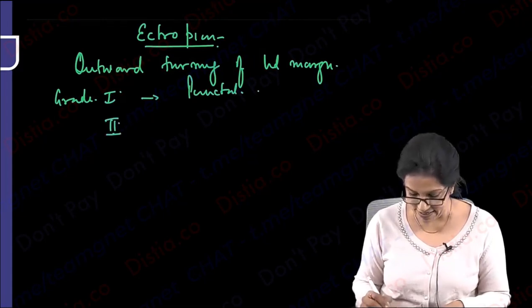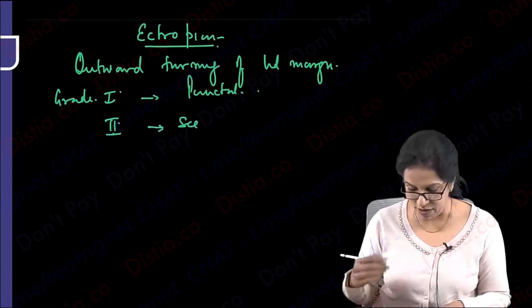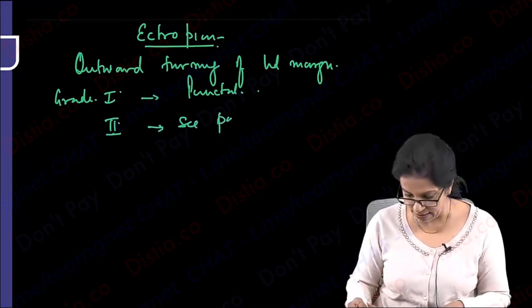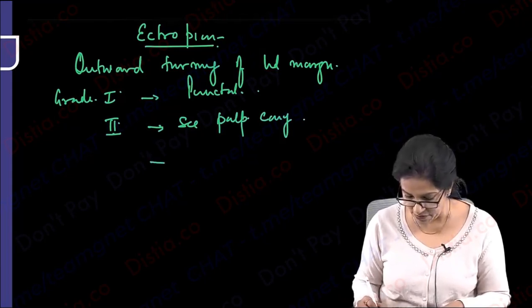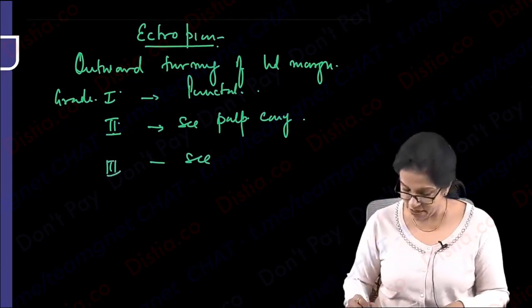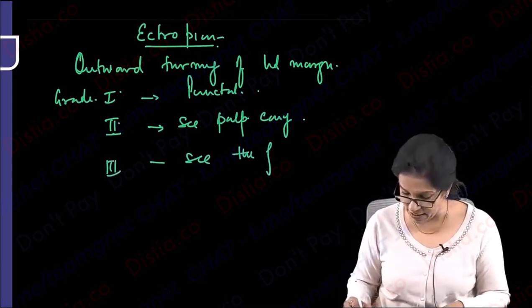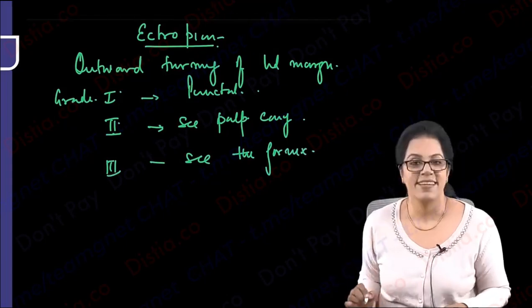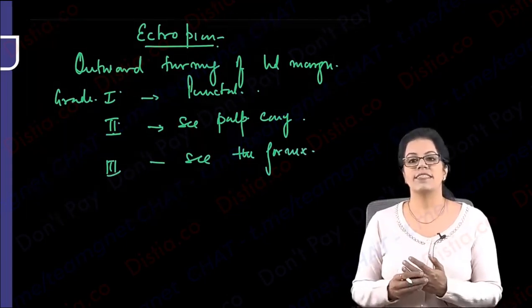If you can see the palpebral conjunctiva, this is grade 2, and if so much is outward turned that we can see the fornix, it is grade 3. Again, grading will not be asked in detail.